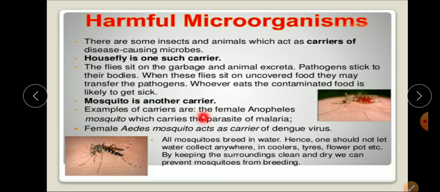Examples of carriers are female Anopheles mosquito, which carries the parasites of malaria, isn't it? So these are the examples about the mosquito, that is female Anopheles mosquito, which carries the parasite of malaria. Then female Aedes mosquito acts as a carrier of dengue virus. They act as a carrier of what? Dengue virus.